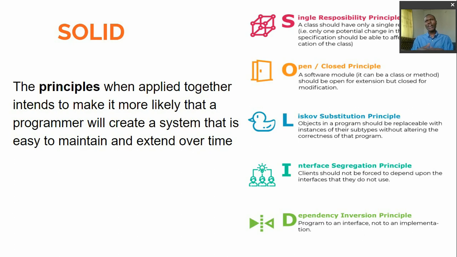Separation of concerns. If I have a function or a method that is calculating, for example, the area of a shape, and someday I feel that I need to improve on this.